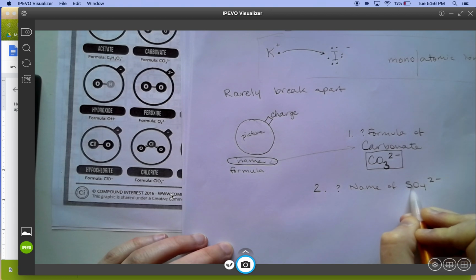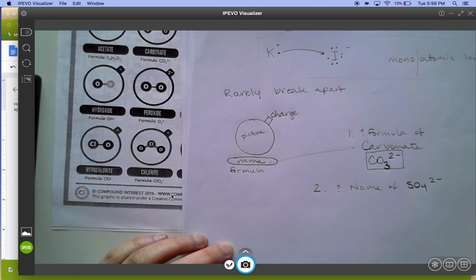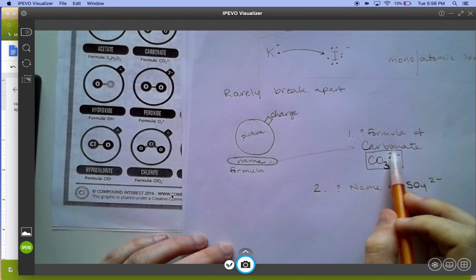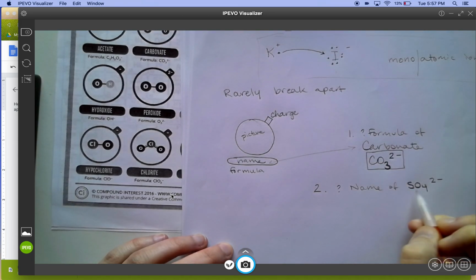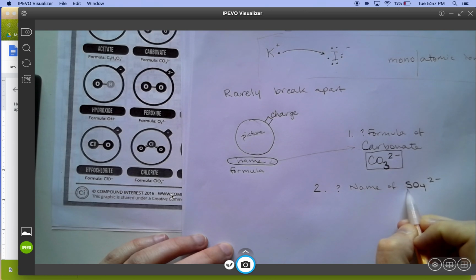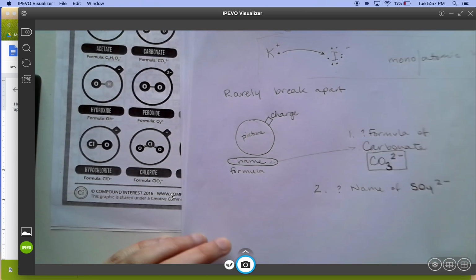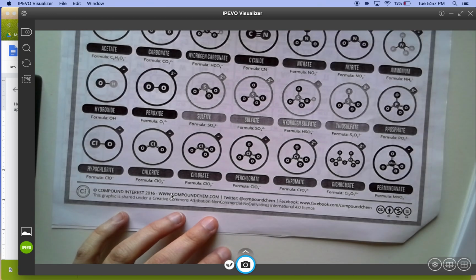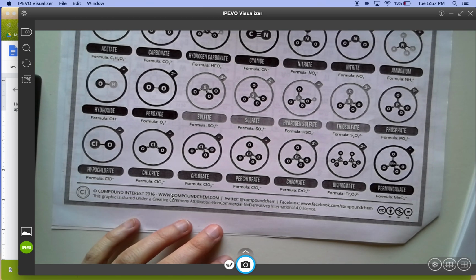You might be starting to notice some patterns at some point. Carbonate started with carbon. This thing that starts with an S might be called something about sulfur. We are guessing there's a sulfur involved.